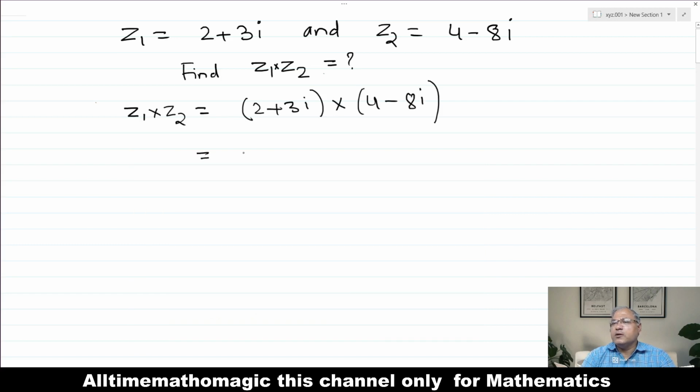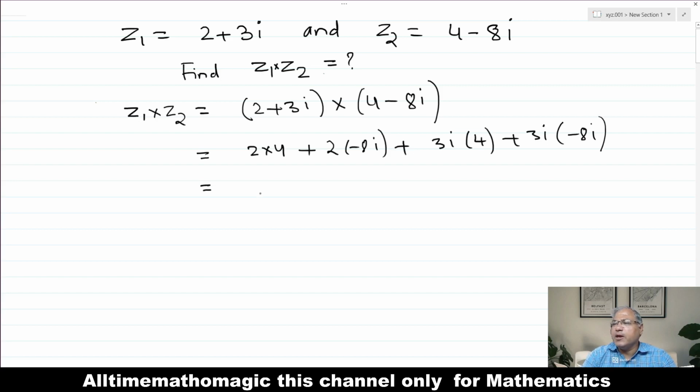Now we'll open the brackets and multiply both the brackets, just as we do in algebra. In the same way, we will open the brackets: 2 into 4 plus 2 into minus 8i plus 3i into 4 plus 3i multiplied by minus 8i.